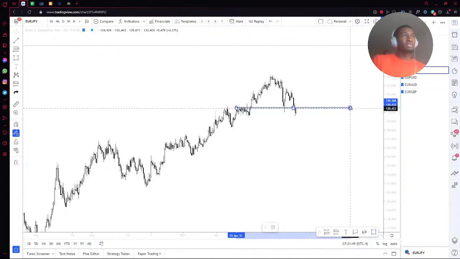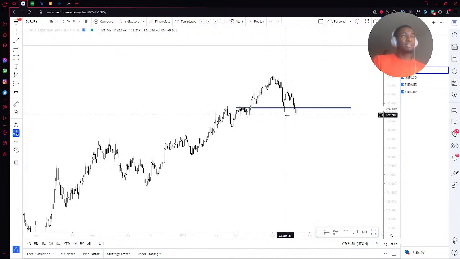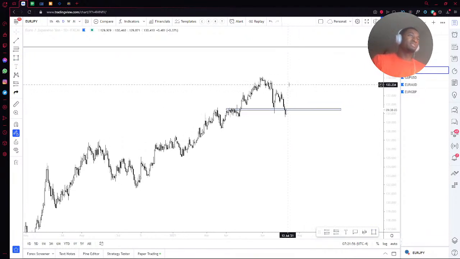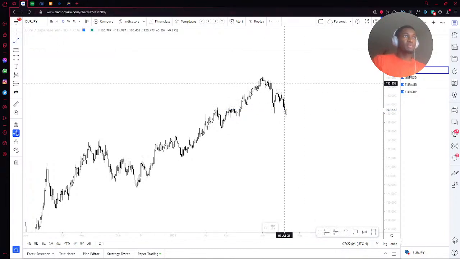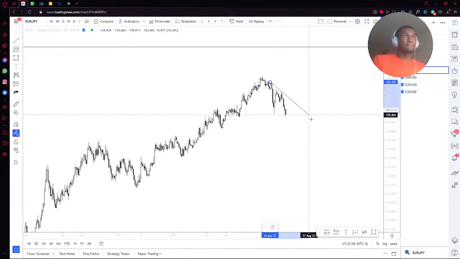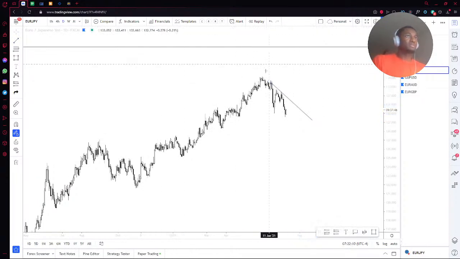Throughout the week, I've been looking at a buy in this area here. Price has dipped just below that area just now, so we'll see what happens. I'll have to take this opportunity off a lower time frame setup if a buying opportunity does occur. We're going to keep that downtrend there for now.